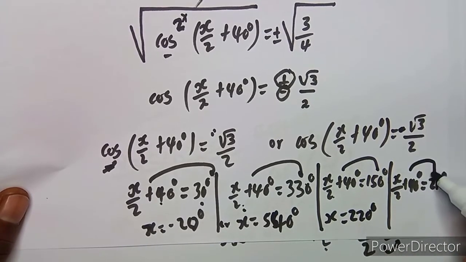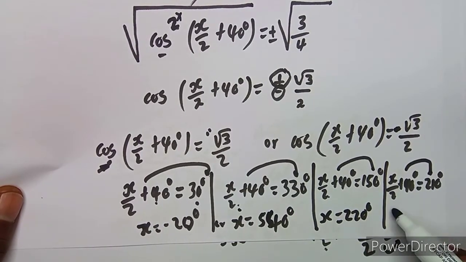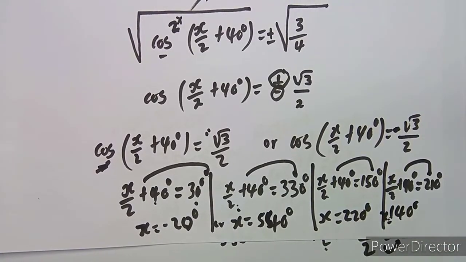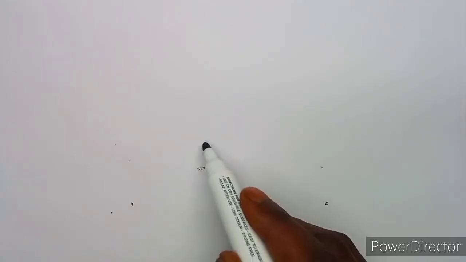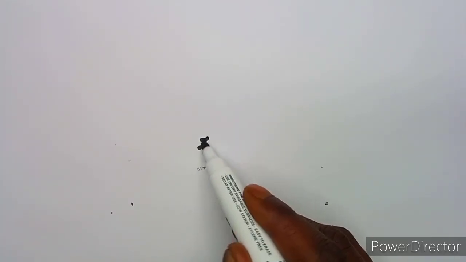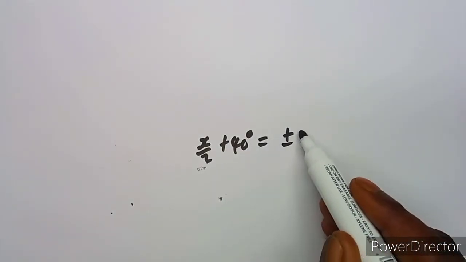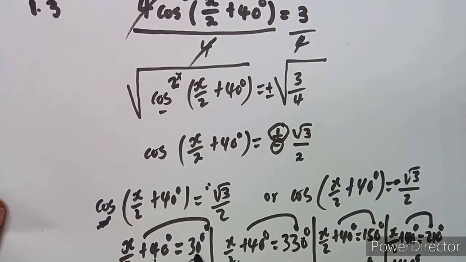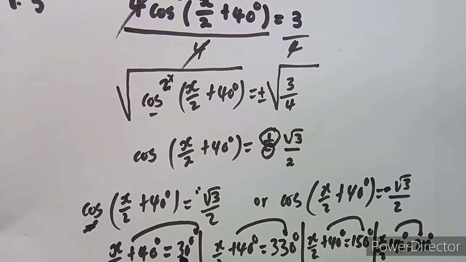Here you do the same, you subtract first, then you multiply by 2, which is going to be something like 140 degrees. So these are actually the possible values of x. But if it is a matter of writing it in a general solution way, then we're just supposed to write x over 2 plus 40 degrees is equal to plus or minus 30 degrees, because when this is a 30 and it's positive, it is going to be in the first and in the fourth quadrant.